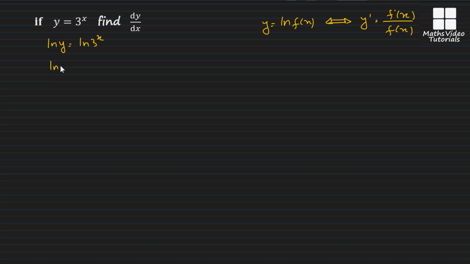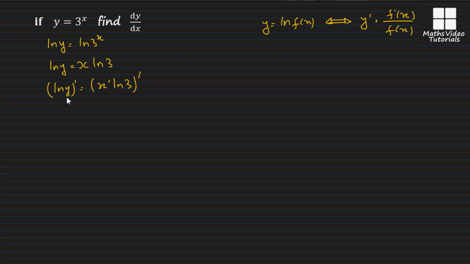So we'll have ln y, still the same on the left hand side, equal to x times ln 3. And then we're going to take the derivative of both sides.